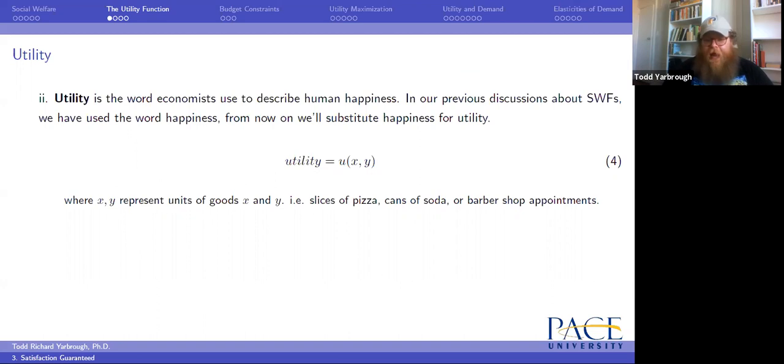But every time we add a variable beyond the second, we'd also have to add a dimension to our mathematical process, and the math really blows up. So if we keep it at two goods, it becomes much easier for us to understand, and we don't really lose anything by keeping it at two goods.